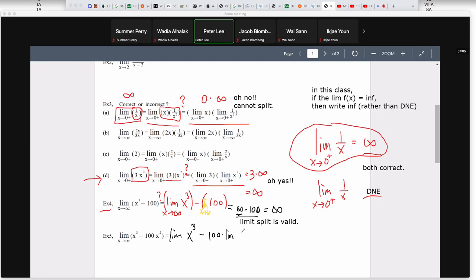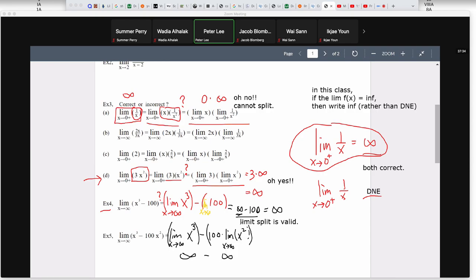So it's this limit right here, and that limit right there, and the 100 can also be split, so 100 approaches infinity here, infinity here. Can you split this limit? What do you think?